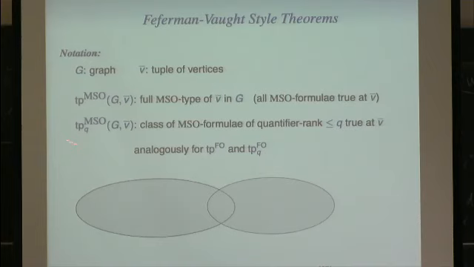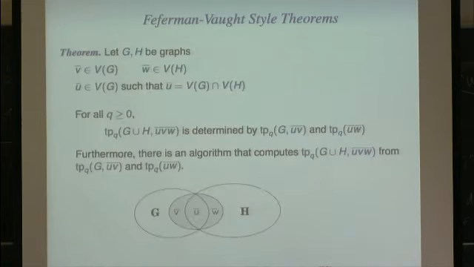So normally we restrict this type to formulas of certain quantifier rank q. Quantifier rank here means all quantifiers thrown in, so first order, second order, everything. And the same type of definitions apply for first order logic. And then there's a famous theorem. There's a whole bunch of theorems which people call Feferman-Vaught style theorems.